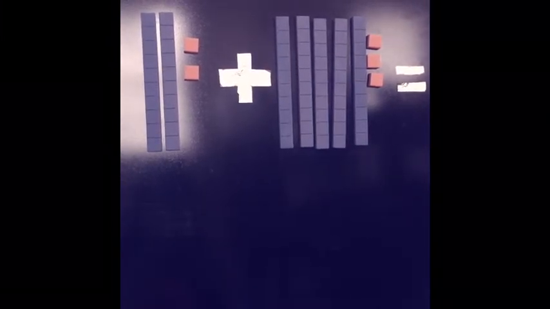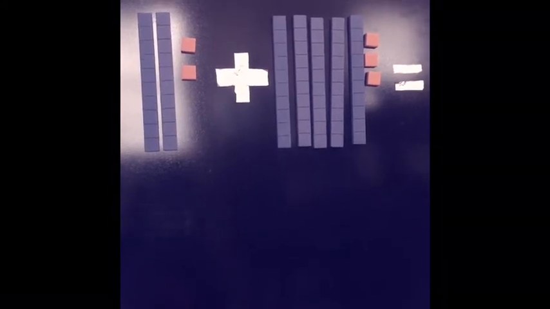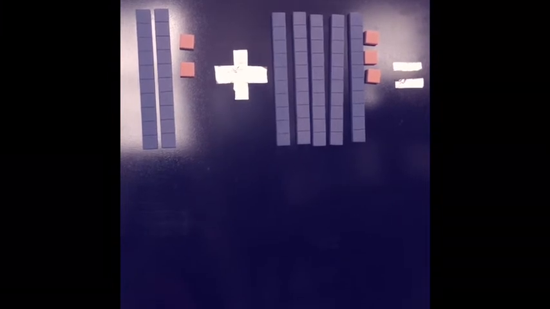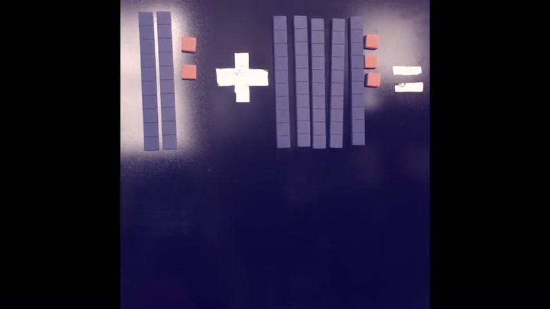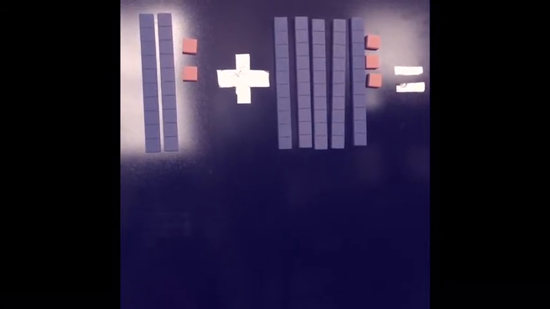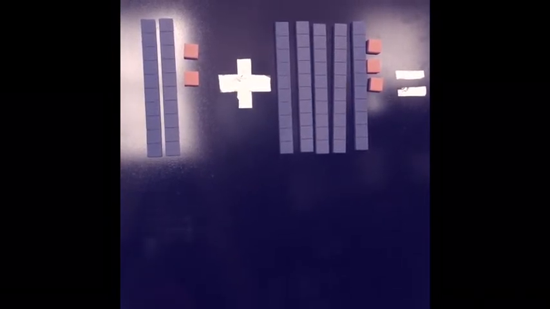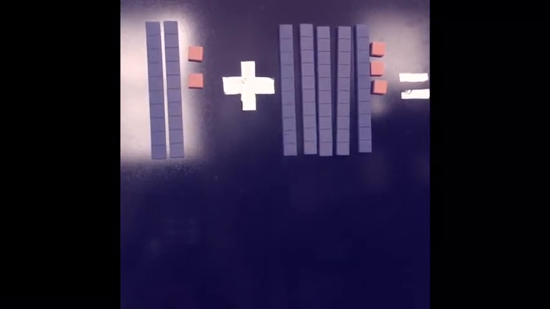So here's our problem. What numbers do you see? 2 rods and 2 cubes. And then I see 5 rods and 3 more cubes. All right, now I'm going to go back to my whiteboard and I'd like for you to tell me what I need to draw.